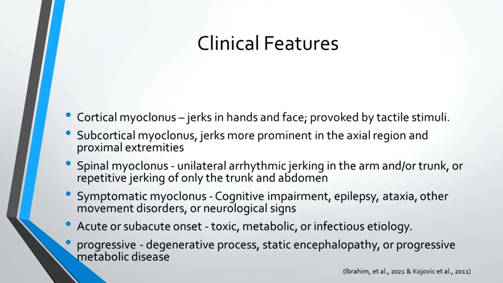So this leads you again thinking to several potential causes: toxic, metabolic, or infectious etiologies. Unfortunately, these things generally are all progressive. They're generally degenerative processes, and then they lead to other pathologies within themselves, as we talked about, some myopathies, some static encephalopathies, or some progressive metabolic diseases as well to be aware of.